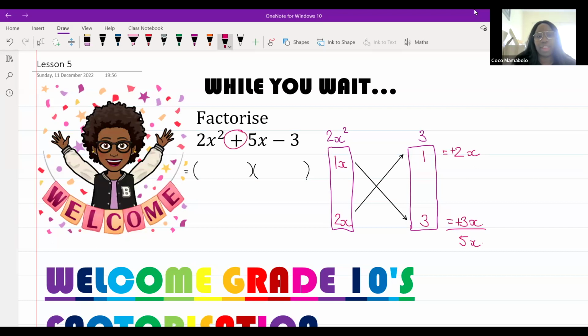I want plus 5x. But the problem I'm going to have here is that one of my brackets needs to be negative. And if we look at how we solved these last week, Wednesday, we know that to get a positive, a positive times something must give me a negative. A positive times what, guys? Positive times what equals negative? Can you tell me in the chat?